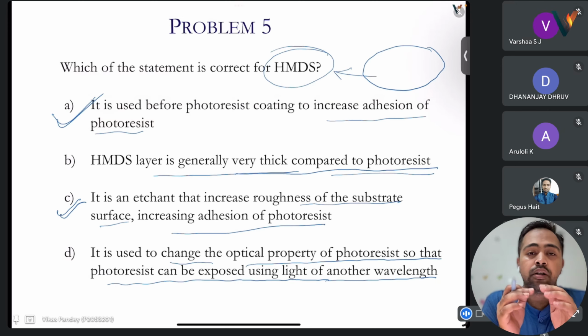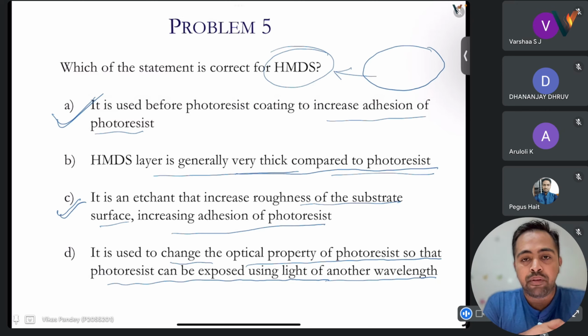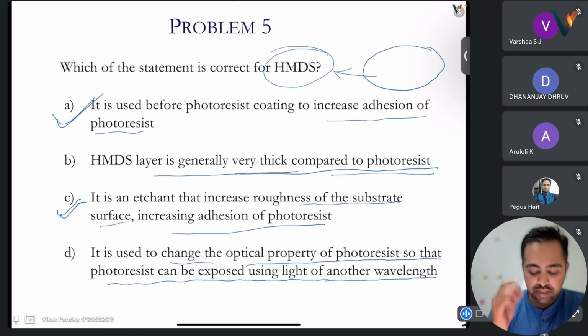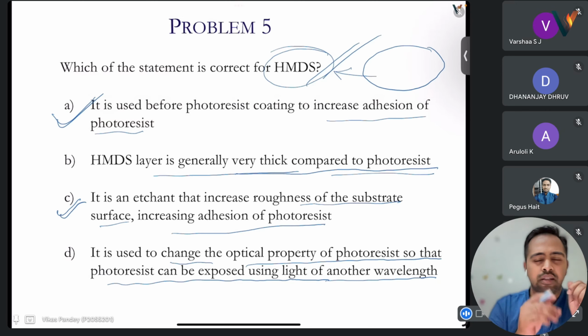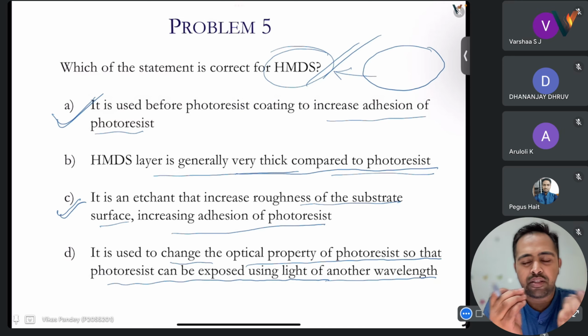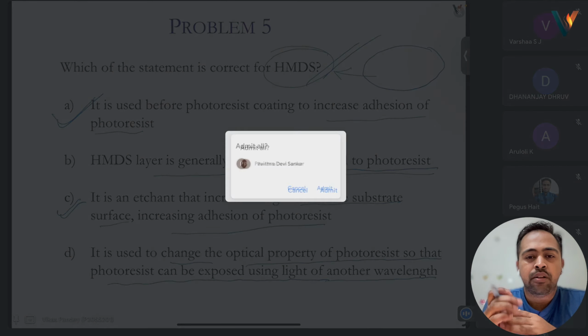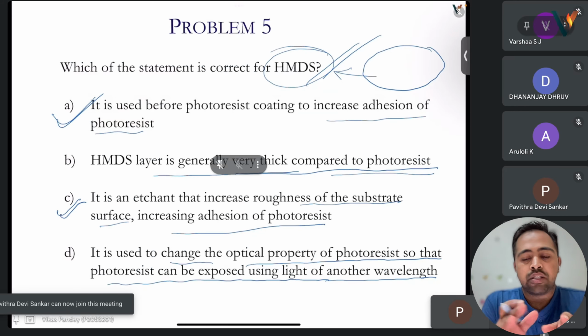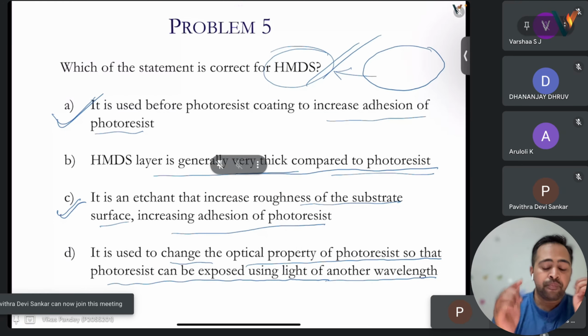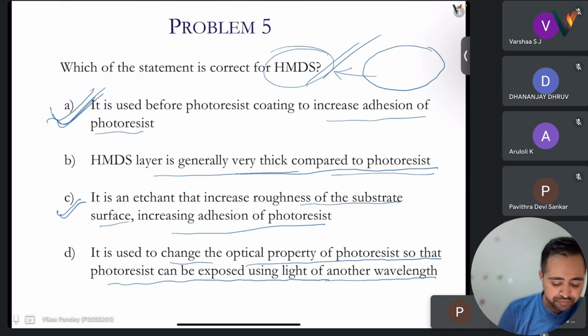It is only used when you are having adhesion problems, or when you want very good adhesion. You can even skip this HMDS and the process still occurs, with slightly less perfection than we wanted, but we will still get it. So this one is the correct answer.